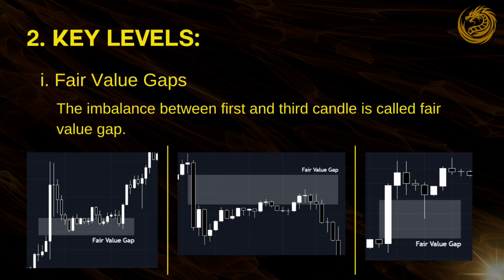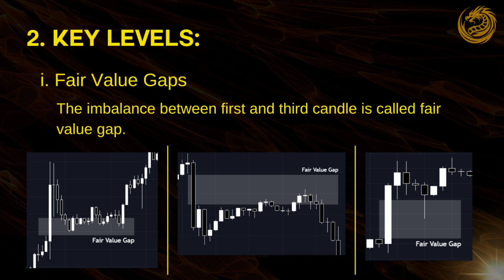Now let's study another very important confluence, that is key levels. Key levels are basically PD arrays, and there are many types of key levels, but we will study only very important ones like fair value gaps, order blocks, rejection blocks, etc. So the first one, fair value gap. Fair value gap is basically an imbalance between the first and third candle.